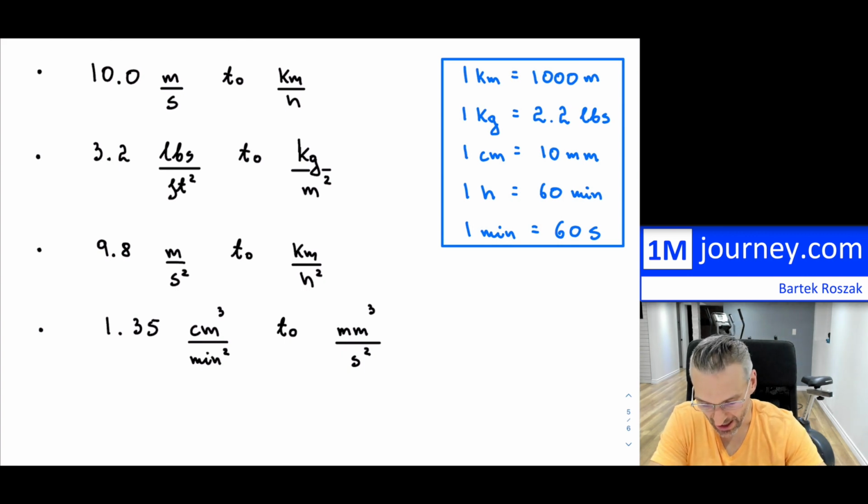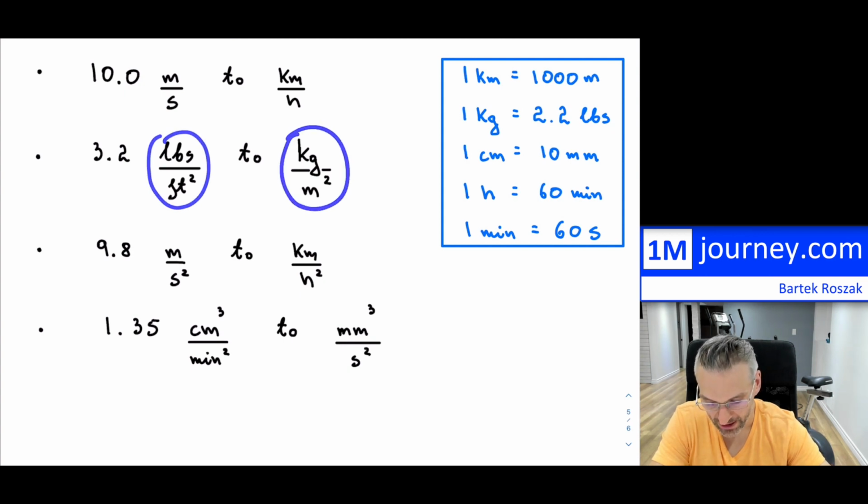In the second example, it gets even worse because in here you have pounds per feet squared. And I'm not expecting you to actually know what pounds per feet squared would be measuring. It's not my interest. The interest is, can you convert a unit to another different unit with certain ratios provided to you?